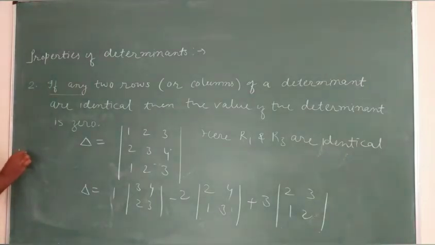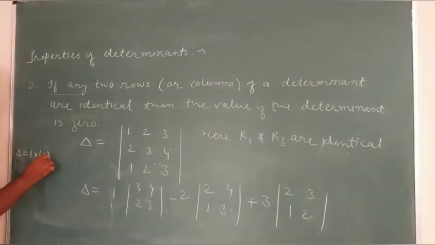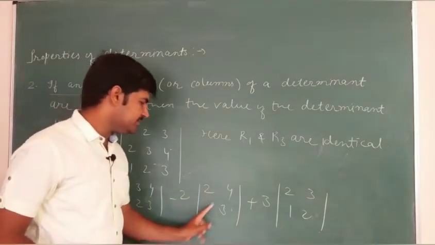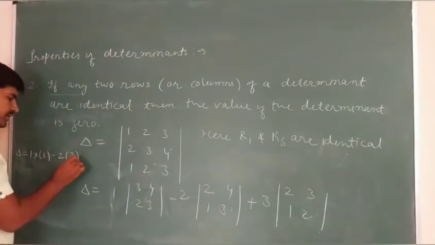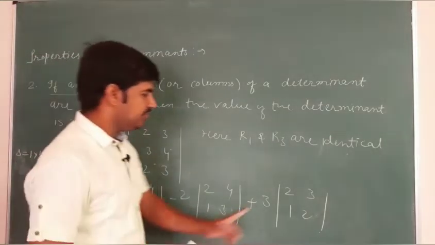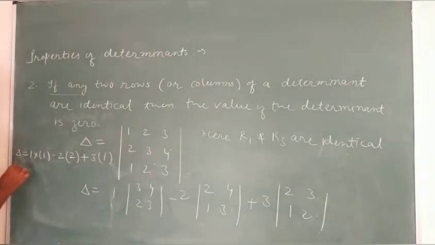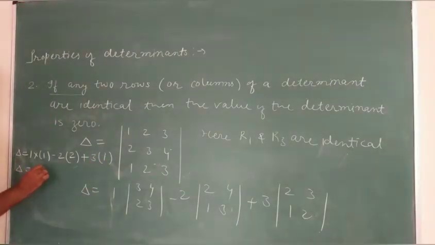We get del is equal to 1 times 9 minus 8, that is equal to 1, and then minus 2 times 6 minus 4, which is 2, and then plus 3 times 4 minus 3, which is 1. So del is equal to 1 minus 4 plus 3. So 1 plus 3 is 4, 4 minus 4 is 0. So del is equal to 0.